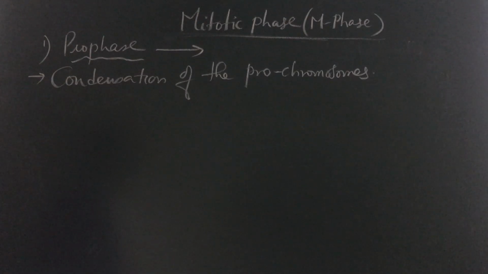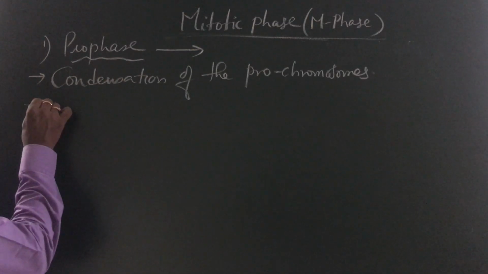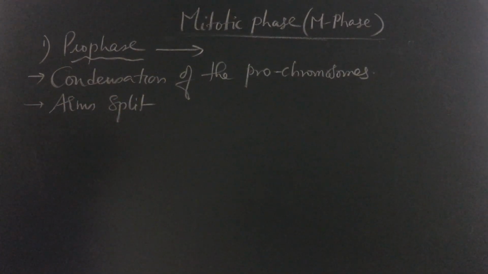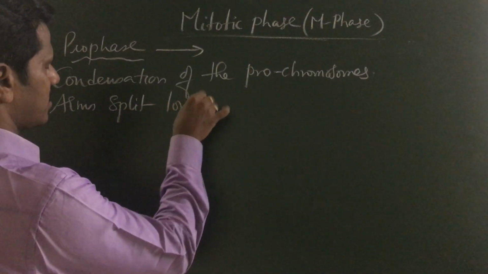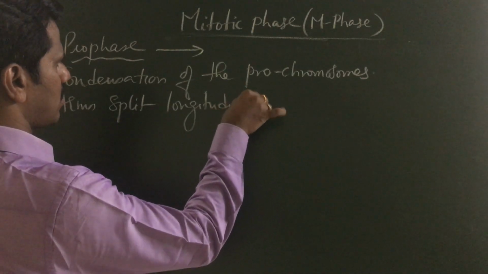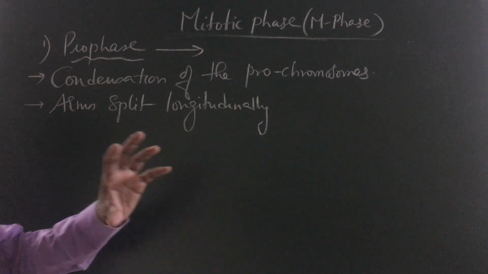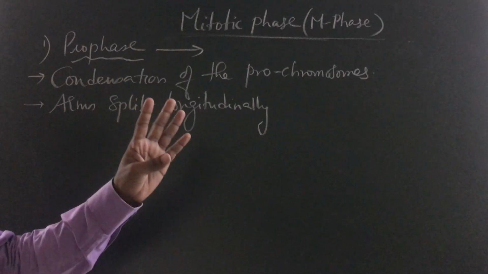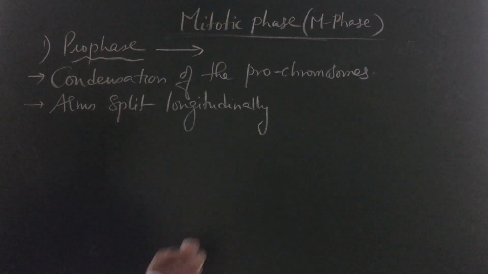Next, the arms split longitudinally except at the centromere. The chromosomal arms are nothing but the chromatids. We see two chromatids, and a chromosome has four arms. Those arms split longitudinally except at the centromere.